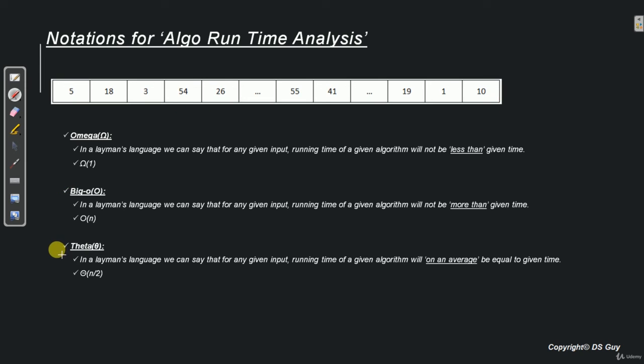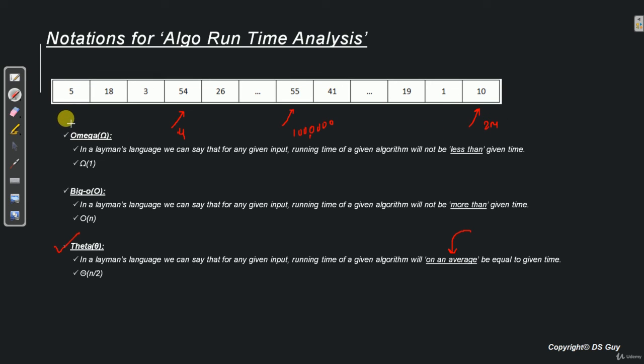Now the third notation was the theta notation. If you remember, theta notation basically gives us the average time complexity. So let's say sometimes we want to find value 54, it might take 4 units of time. Sometimes we might want to find number 55, it might take, let's say, 1 million units of time. At other times, let's say we want to find number 10, this might take 2 million units of time.